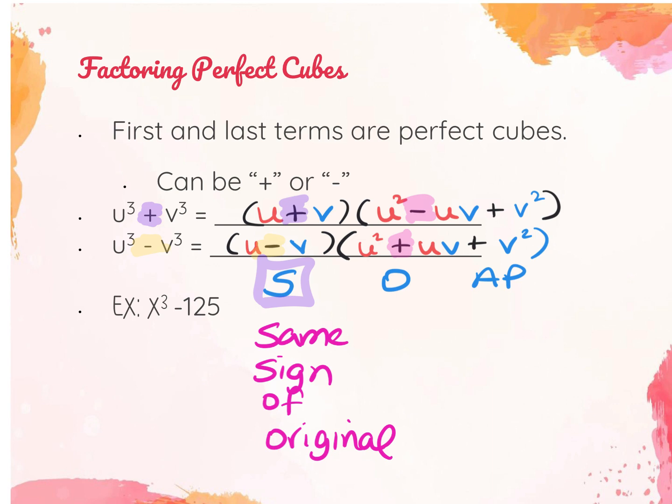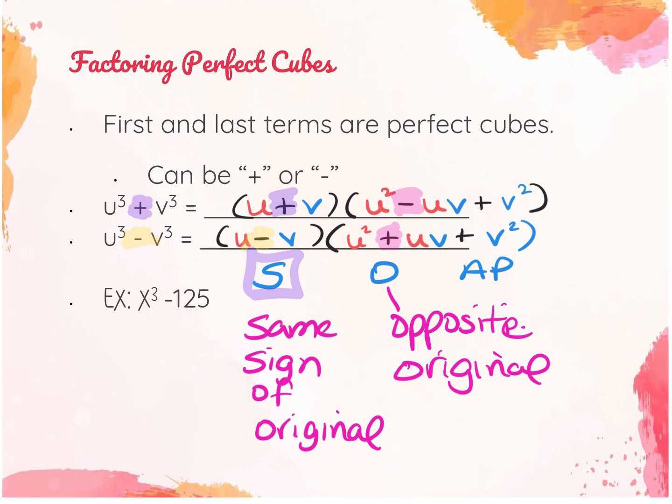And this one is going to be opposite of the original. And then the last sign in that trinomial, the P, is going to be always positive. That's the P. So always positive. So think SOAP.